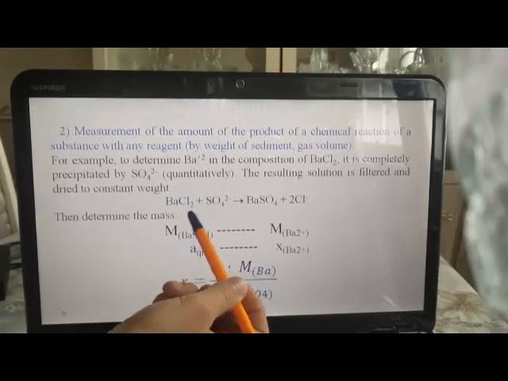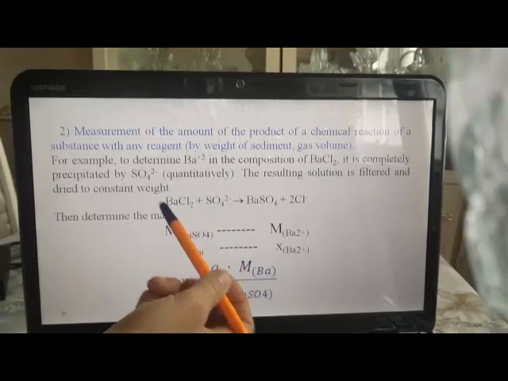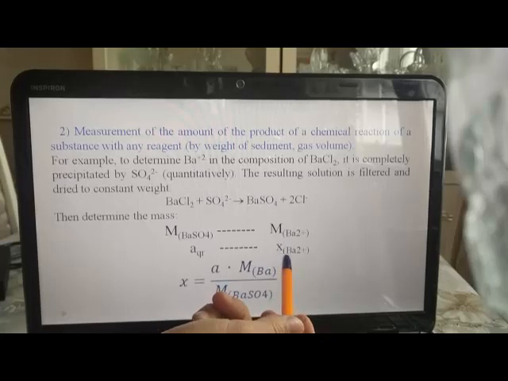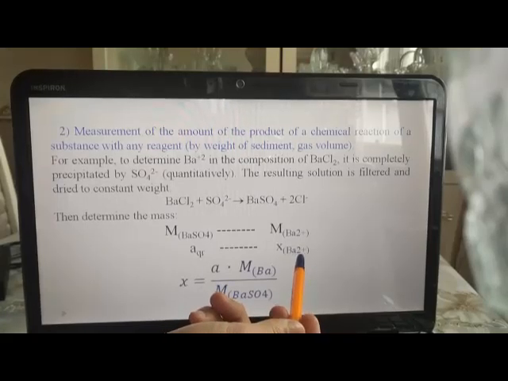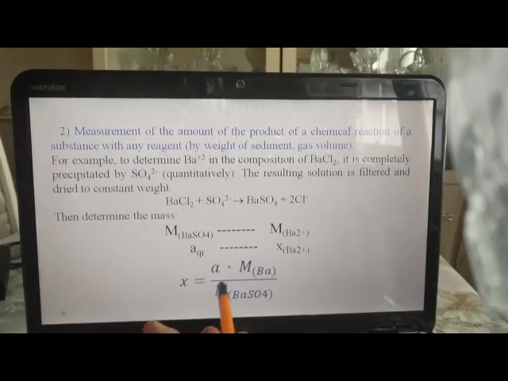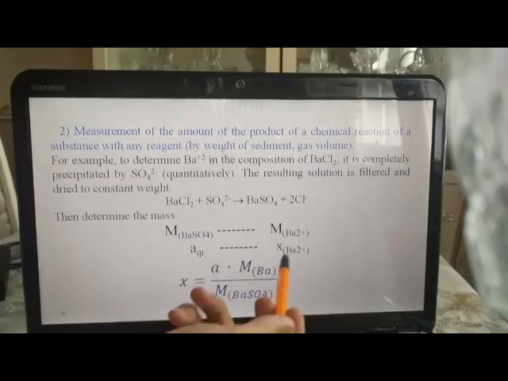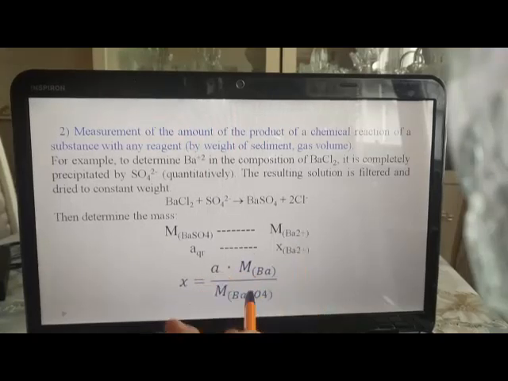A here is the barium chloride, the initial substance, and we find X, the weight of the barium ion, because barium ion is the determinate ion, a determinate functional group. Here X equals A multiplied by the molecular weight of barium ion and divided by the molecular weight of the precipitation form.